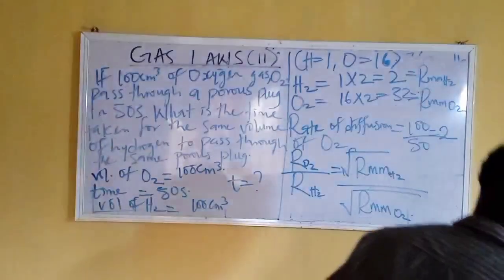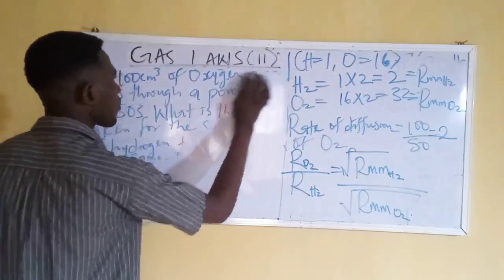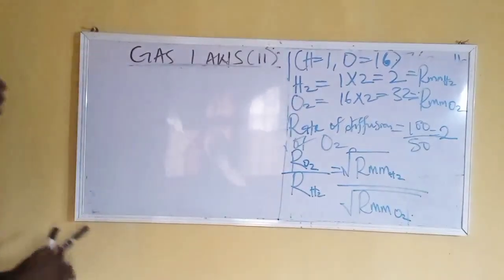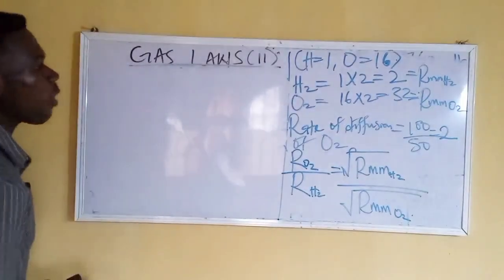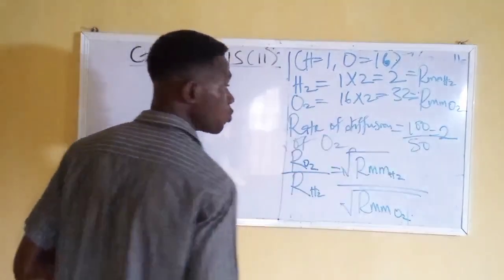Let's do it. I want us to look at this. What was our rate of diffusion of oxygen gas? It is given as 2.